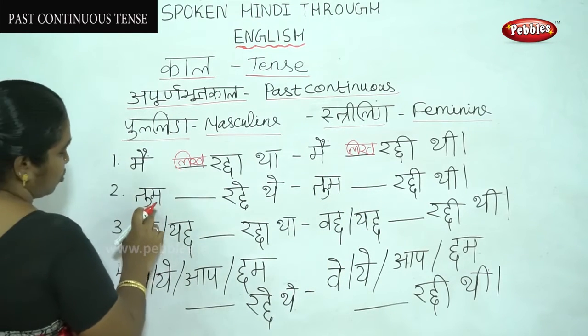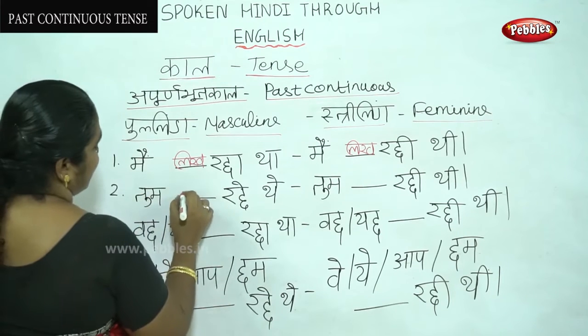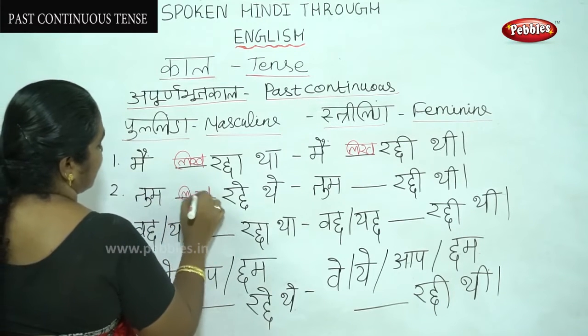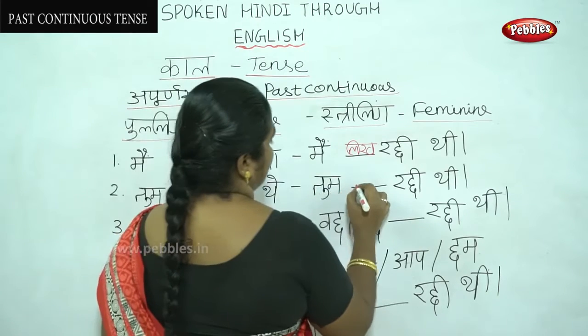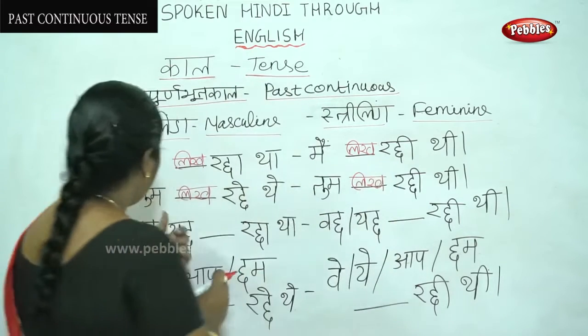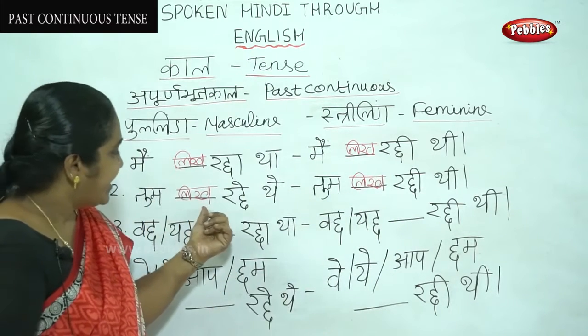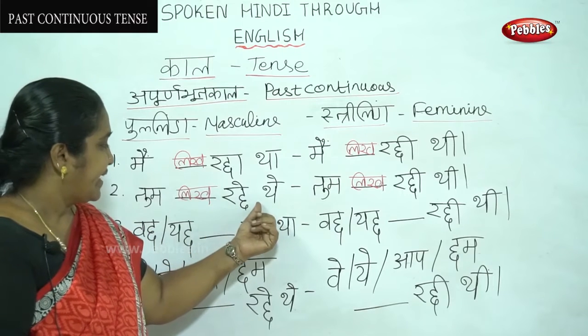Then for the next one, second person. Second person is tum. In English, you. Here also likh. Then tum likh rahe the.